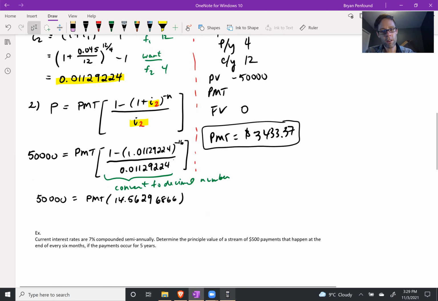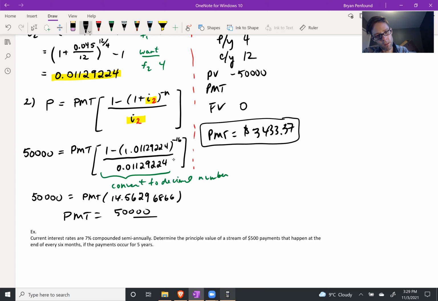Okay, so once we do the division, PMT should be 50,000 divided by this 14.5629. And we should be able to show that this is indeed $3,433.37.